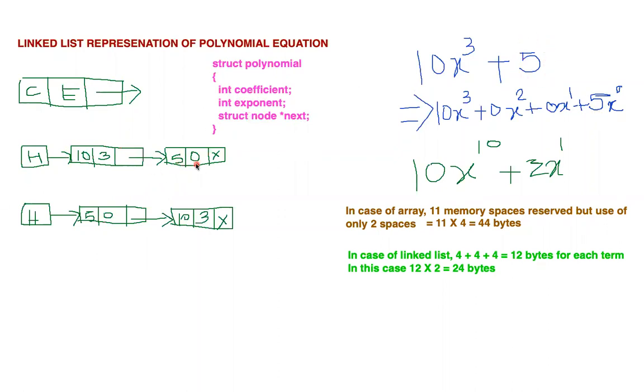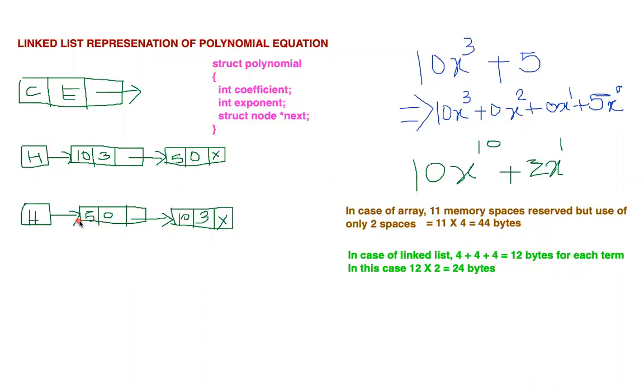So 5, 0 and null. Even if this 0 may not be important in the polynomial form, it is important in the array or linked list representation, because the compiler has to understand what the exponent is, whether it is 0, 1, 2 or 3, and if we keep it empty, then the compiler will not be able to decipher it.